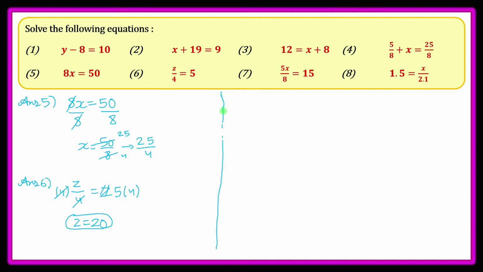Now for the 7th question, let's see what the answer is. The 7th question says 5x upon 8 equals 15. You might think that there are two operations, multiplication and division, at the same time, but actually it is only multiplication here.